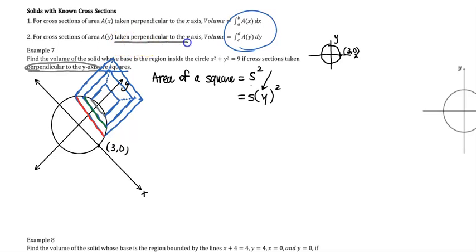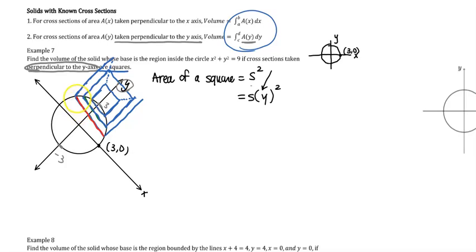When we're perpendicular to the y-axis, we want to write the area in terms of y and integrate with respect to y. So thinking about the picture here, I want the y limits on this circle, which run from -3 to 3, and we need to represent one of the sides in general.